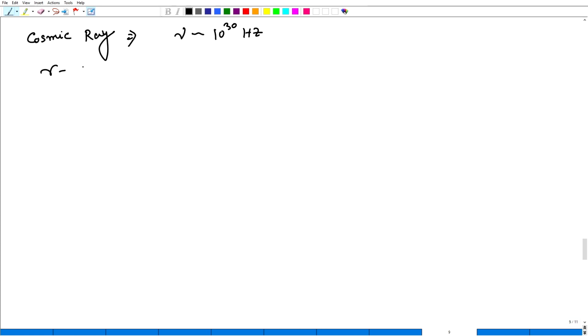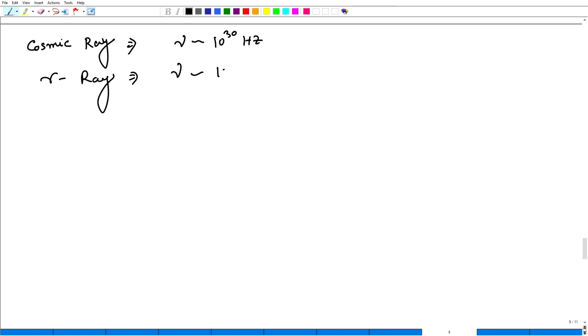Next is our gamma ray. The frequency of gamma ray is around 10 to the power 22 hertz. It actually varies from 10 to the power 19 hertz to 10 to the power 27 hertz basically. Okay, so we can briefly say around 10 to the power 22 hertz.